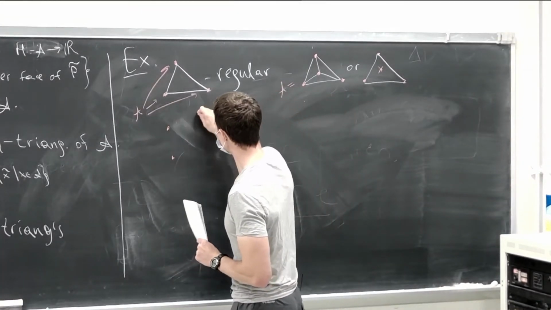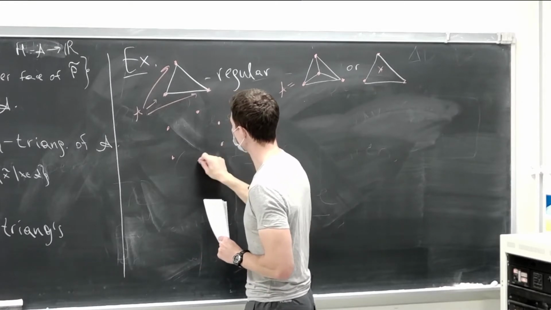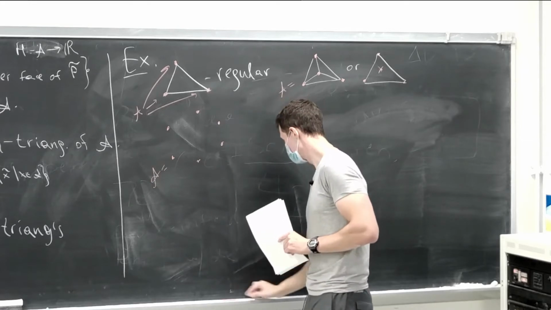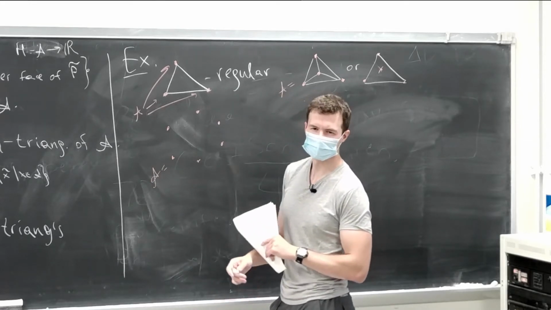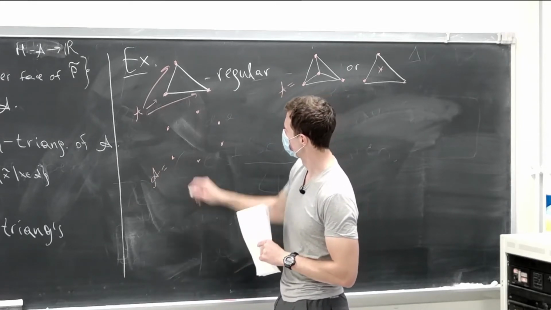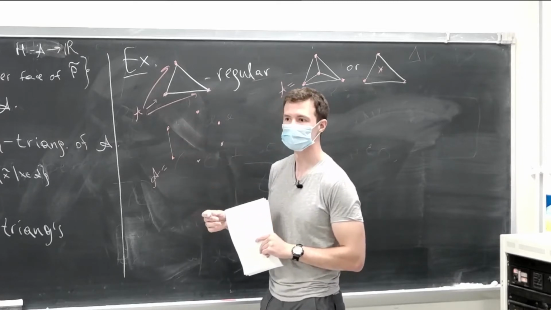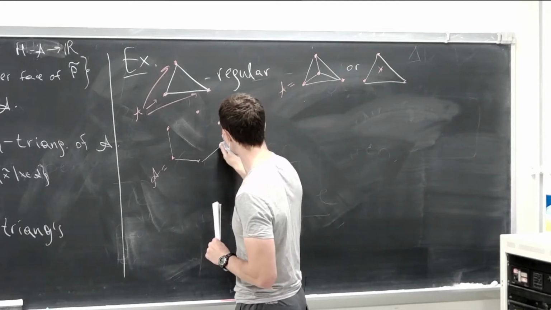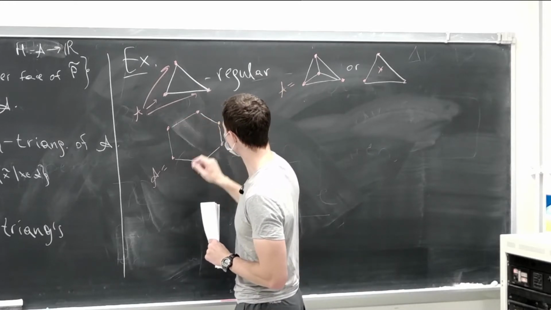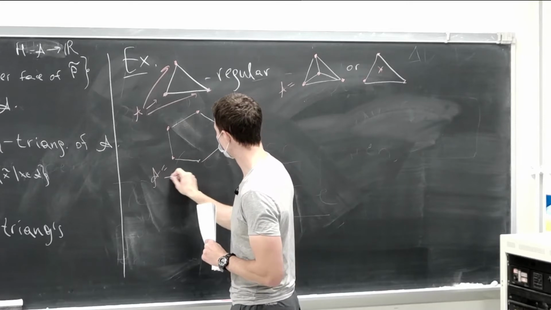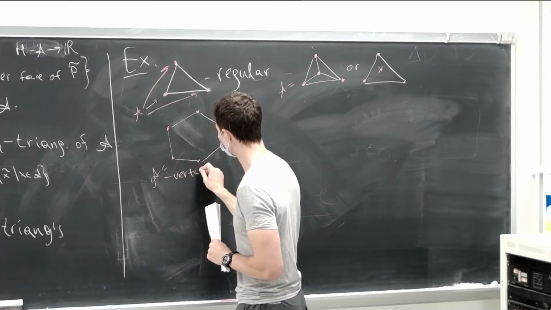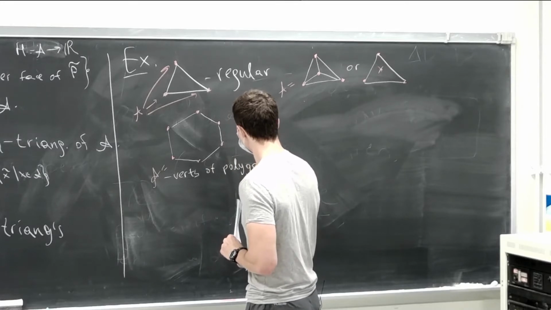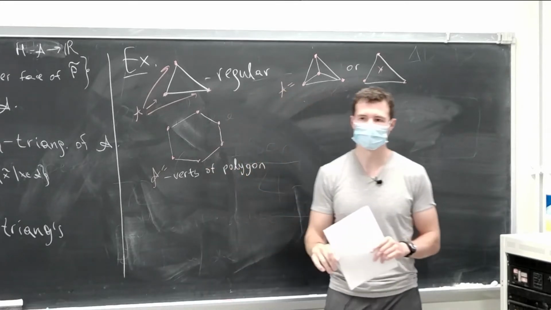If A is a set of vertices of some convex polygon, it seems like all triangulations should be regular. Actually, interesting. Is that true or false? Is it true that if A is the vertices of a polygon, any triangulation of a polygon is regular?